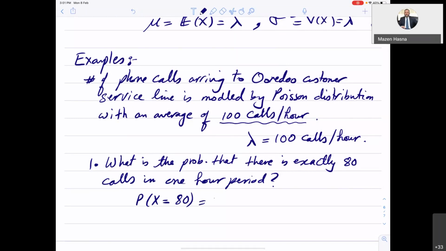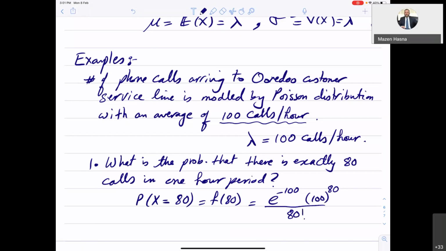According to the rule, this is f of 80, which is e to the minus 100, 100 to the power 80 over 80 factorial.